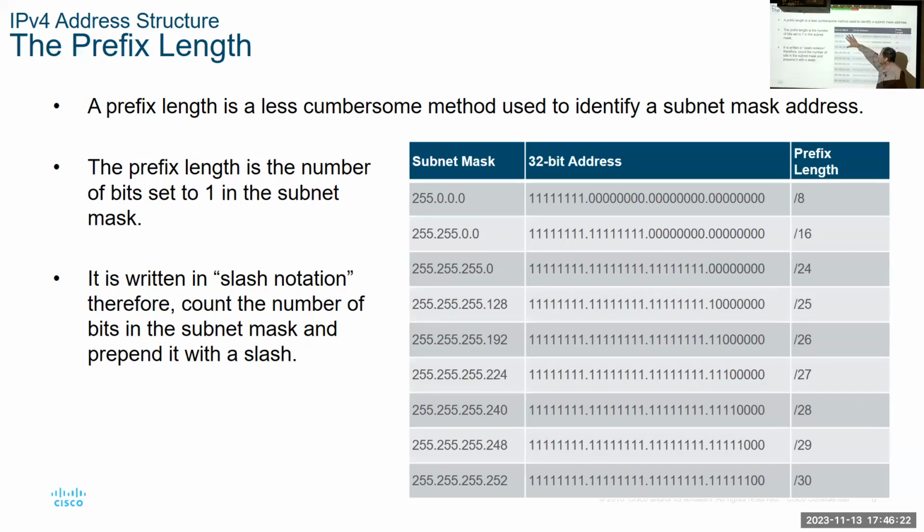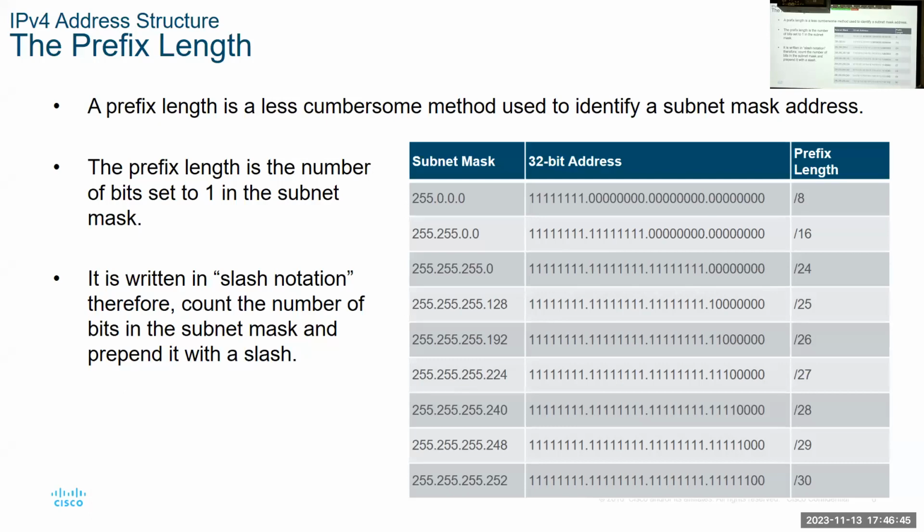All your classful subnet masks are 8, 16, or 24. But beyond 24 bits, you just start adding ones: 25, 26, 27, 28, 29, and 30.